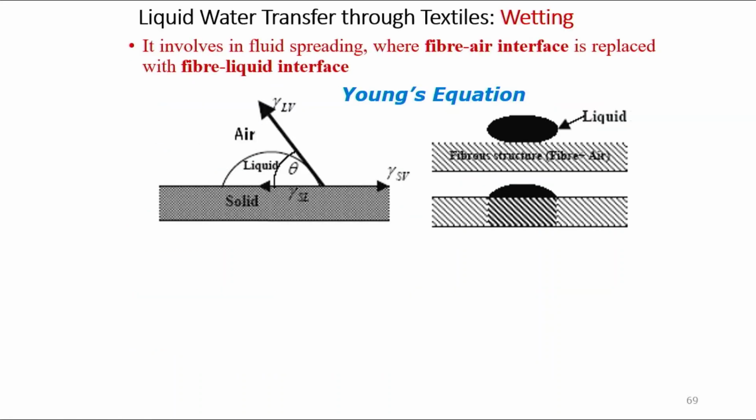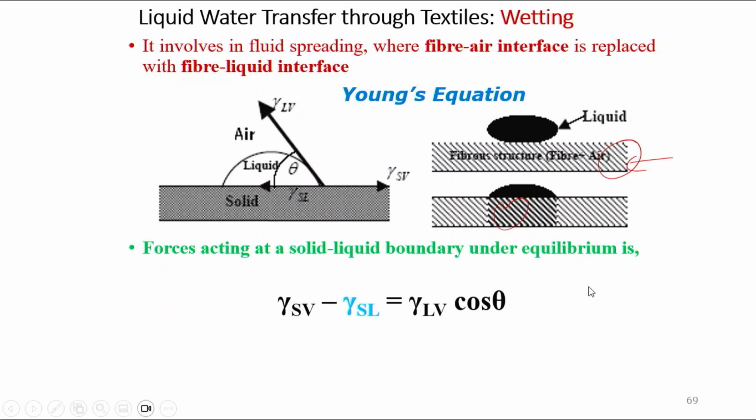Now, we can see here wetting. In wetting, it follows Young's equation. The air space inside the fiber structure is taken up by the liquid, so the liquid penetrates inside the structure.